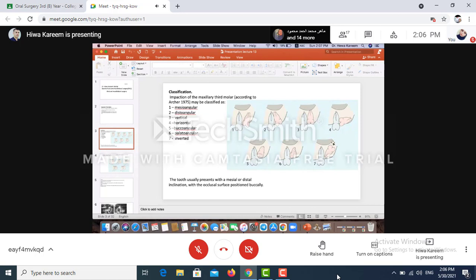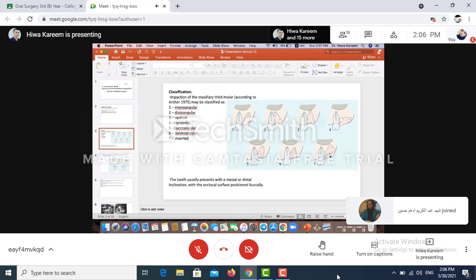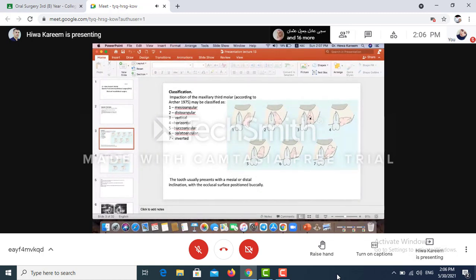Other classification, inverted, meaning not classified according to these criteria: mesio-angular, disto-angular, vertical, horizontal, bucco-angular, or palato-angular. This one is not like any of them, and this is called inverted.